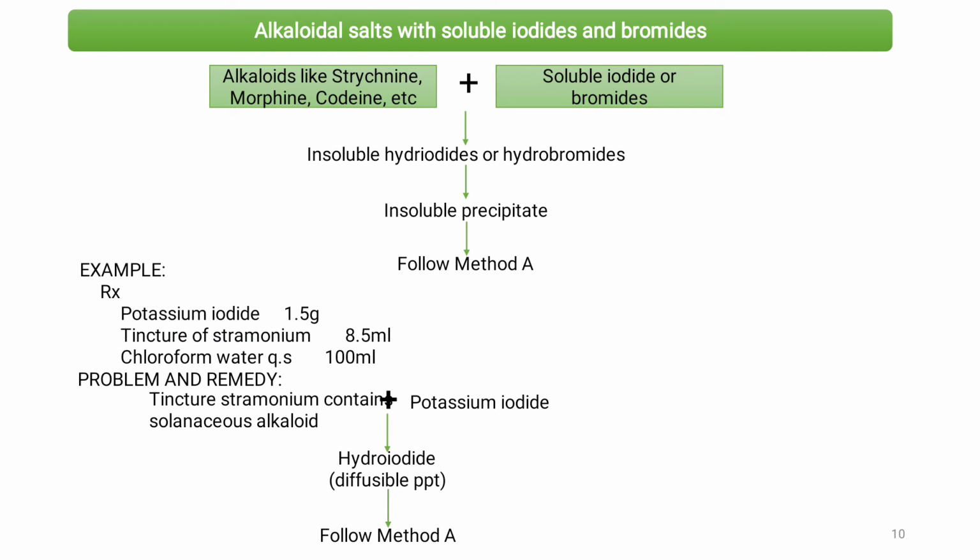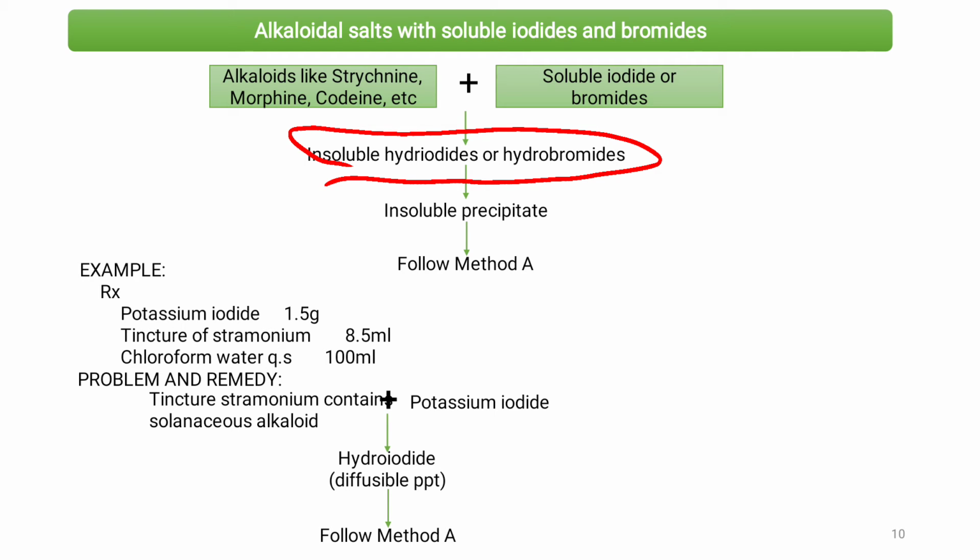Okay. Then next one is alkaloidal salts with soluble iodides and bromides. Alkaloids like strychnine, morphine, codeine, etc. react with soluble iodide or bromide when they are mixed together and form insoluble hydroiodides or hydrobromides.